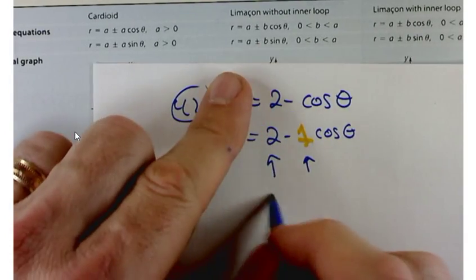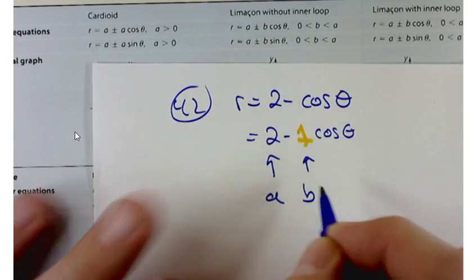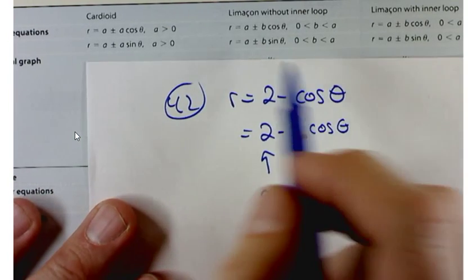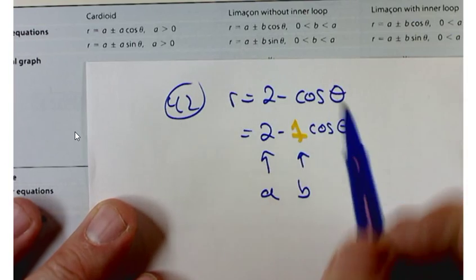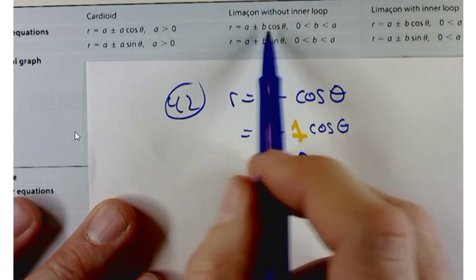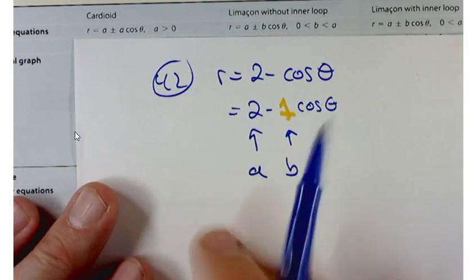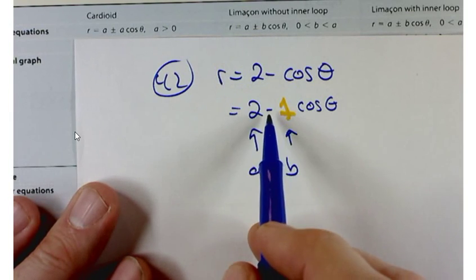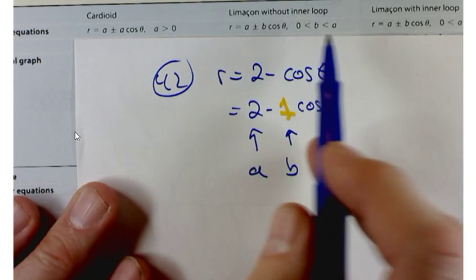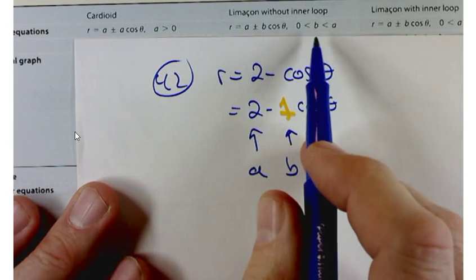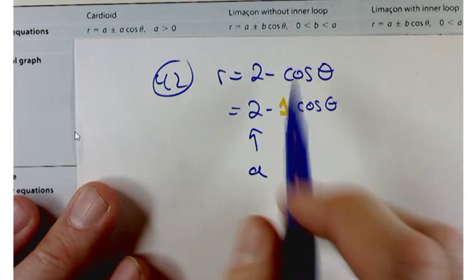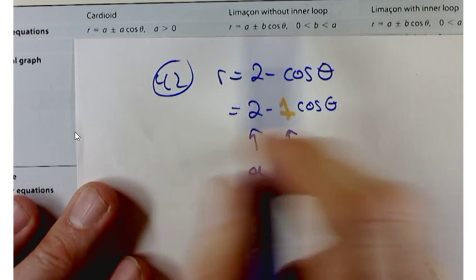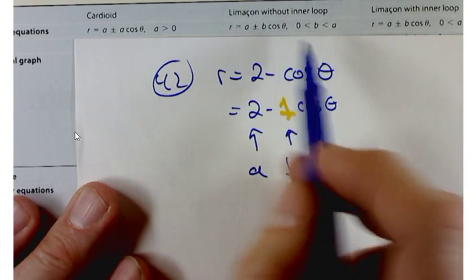This is my A, and this is my B. Does it fit one of these? Well, it'd have to be the top one, right? Because it's got a cosine. 2 minus 1. So that makes B 1. A is 2. Looks like it fits this. Looks like a limaçon without an inner loop.